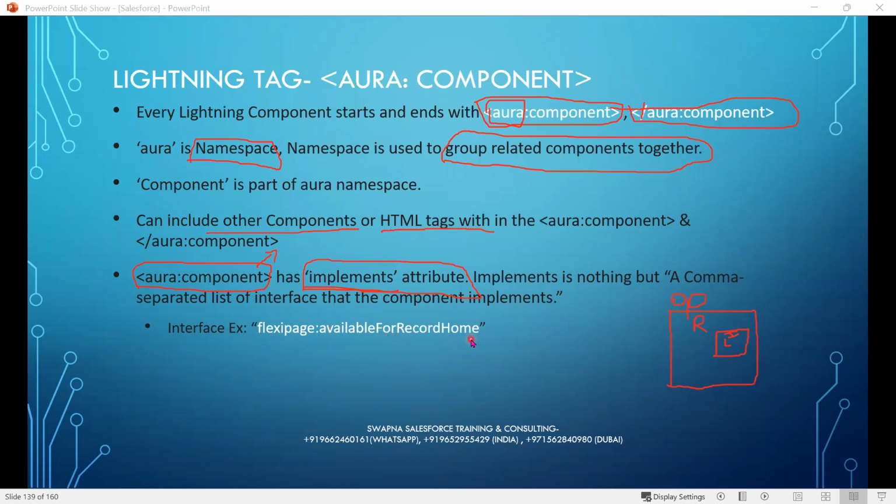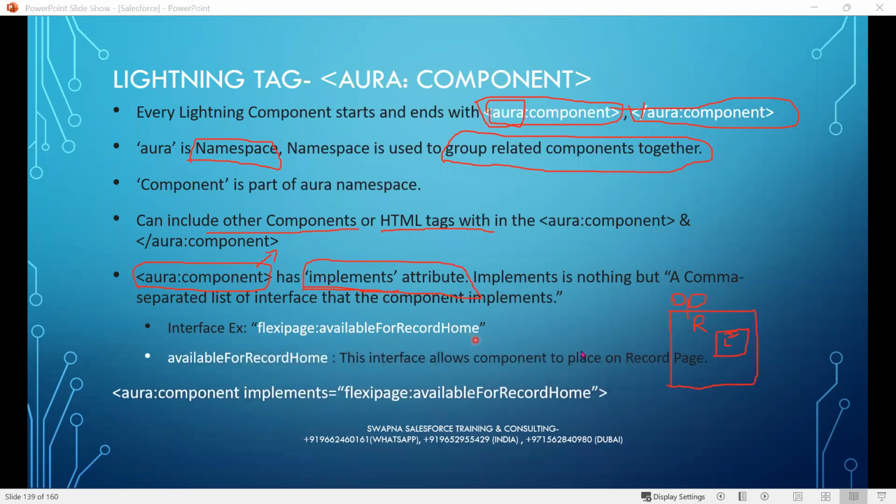What availableForRecordHome means is that this interface allows the component to be placed on the Salesforce record page. If I want to drag my lightning component onto the Salesforce page, I need to have some interface involved within the lightning component.